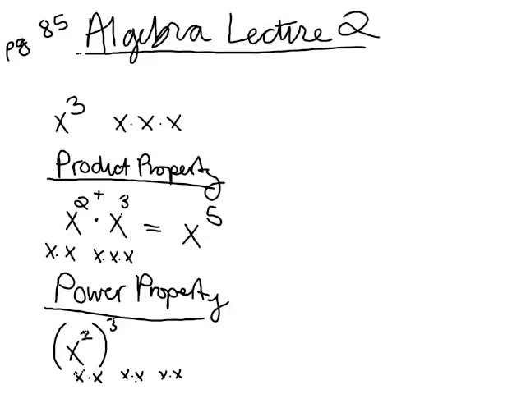Right? So how many x's do I have total? 6. 1, 2, 3, 4, 5, 6. So the power property tells me I can multiply these two, the 2 times the 3, to give me my new exponent. Okay. So product property and power property.